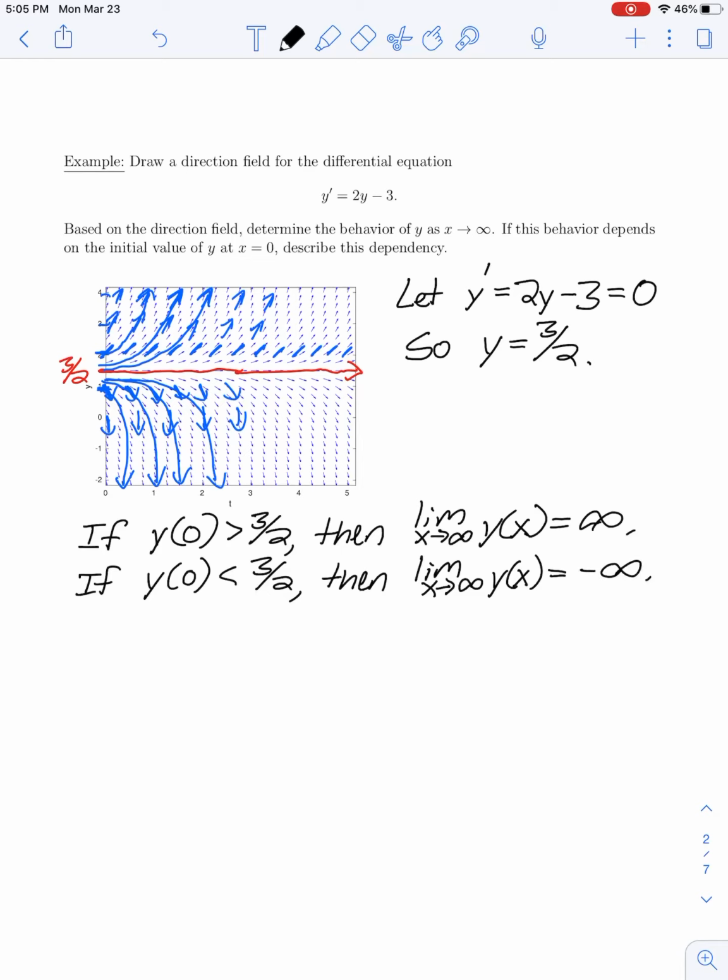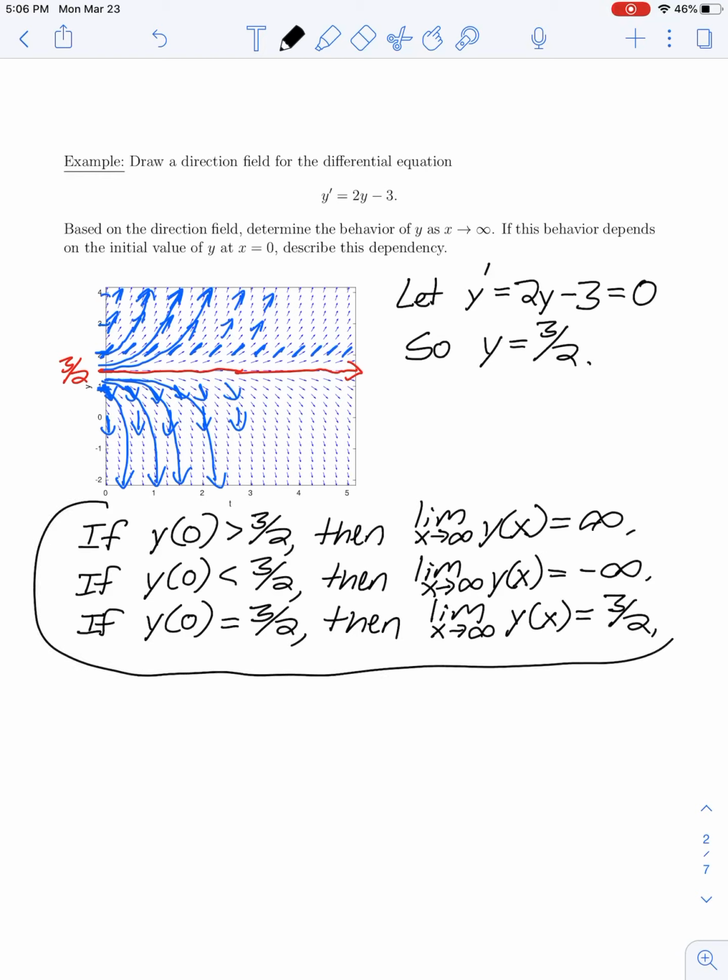And then the only other case which we haven't considered is that case of an equilibrium solution. If we started at a value of exactly 3/2, then y prime is 0, and we have an equilibrium or constant solution of 3/2. And the limit of any constant is whatever that constant is, in this case 3/2.